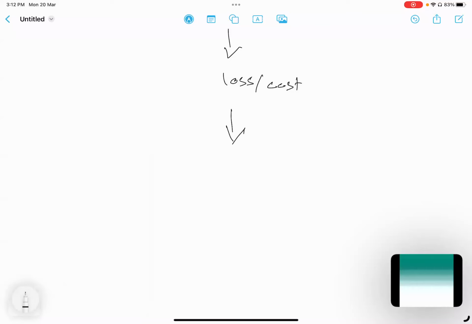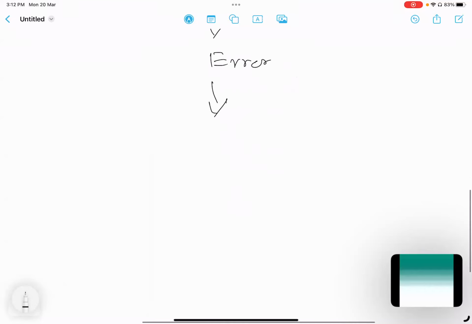So the loss function will give us the error, and that error further will be given to the optimizer, and the optimizer will be responsible for adjusting the weights. So what are weights? Let's suppose we have a dependent variable y, and here we have w, and that w is our weight.